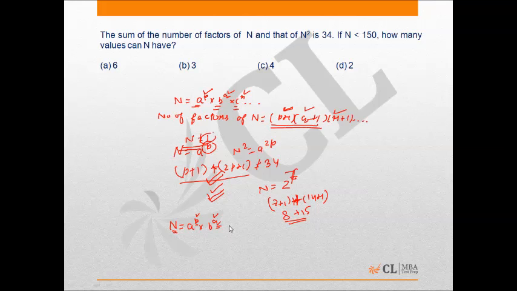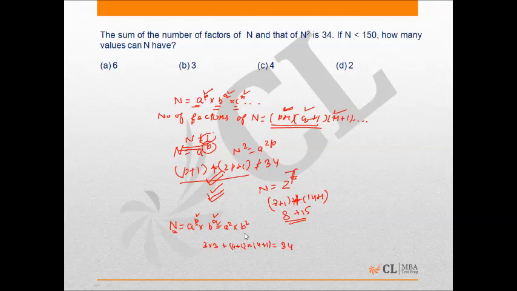So let's check whether the given condition holds for p and q both being equal to 2. A raised to power 2 into b raised to power 2. In this case, the number of factors of n will be 3 into 3, and that of n square will be 4 plus 1 into 4 plus 1, which comes out to be 34.